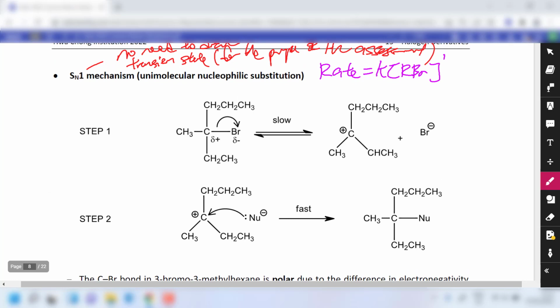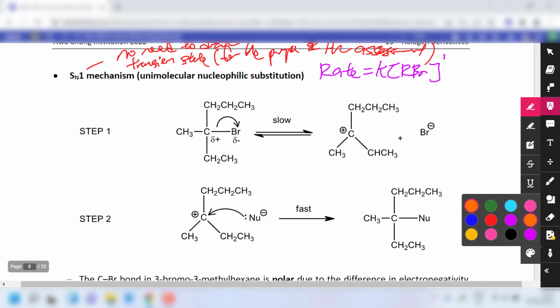The nucleophile is only involved in the fast step. So if you recall from kinetics, that means that the change in the concentration of the nucleophile has no bearing on the overall rate of the reaction. Over here, the slow step involves the C-Br bond breaking, so make sure you remember to draw the curly arrows.